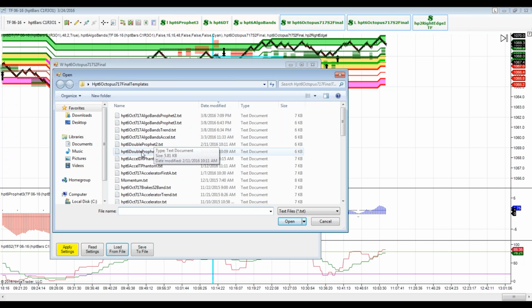The double profit 2 is momentum based. The double profit 2A is momentum based. The accelerator deep retrace is a combo. It's a combo based on momentum, but it's also taking a deep retrace down to the phantom. All right, so it's a combo.